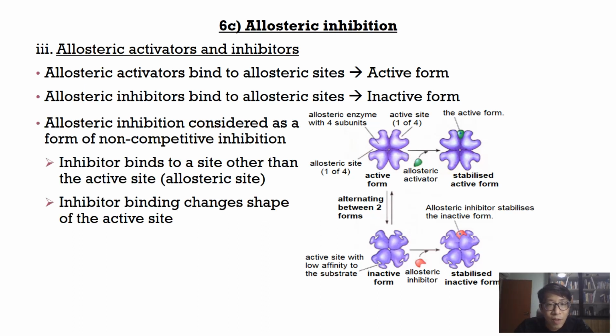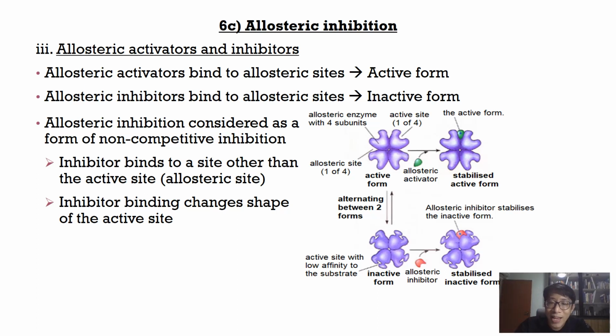If you look at the allosteric inhibitors, they bind not to the active site. They bind to a site other than the active site, which is specifically known as the allosteric site in this case, and it causes a change in the conformation of the enzyme such that the active site is less able to bind to the substrate.